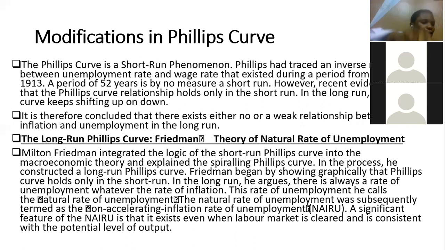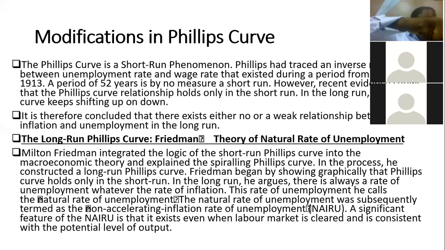That led to the long run Phillips curve by Friedman, and he developed his theory of the natural rate of unemployment. Friedman said, even if the Phillips curve should hold in the long run, the unemployment existing there is the long run unemployment, the natural rate of unemployment.